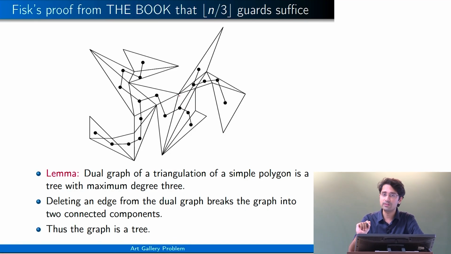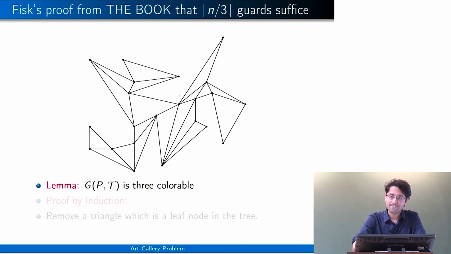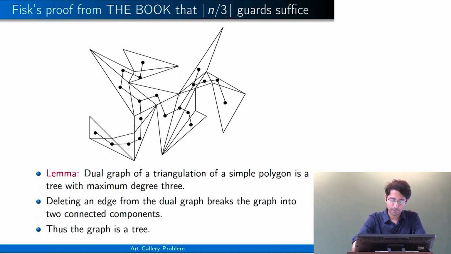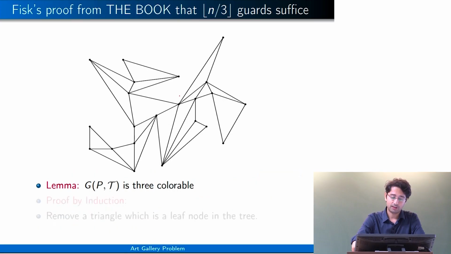So, what we will do is we will prove by induction. Let us see, to give you a cute proof. Let me go through the proof, then you will understand.